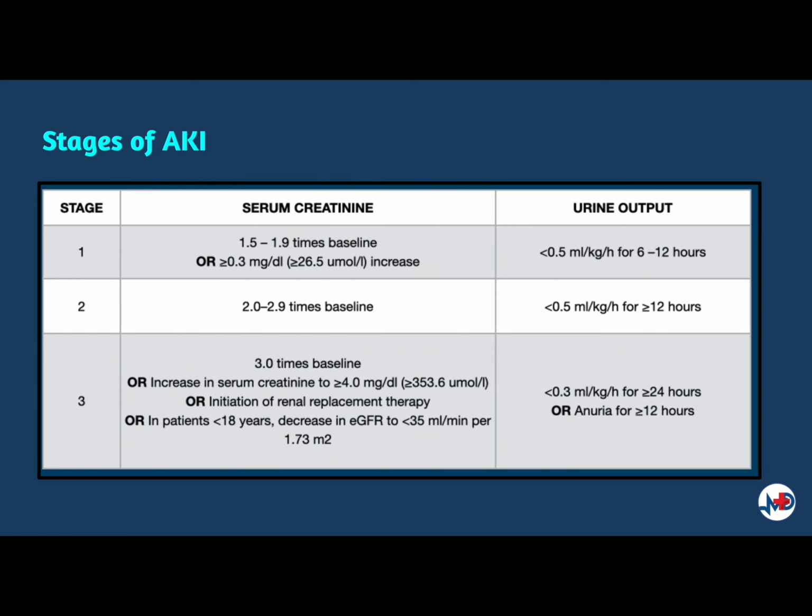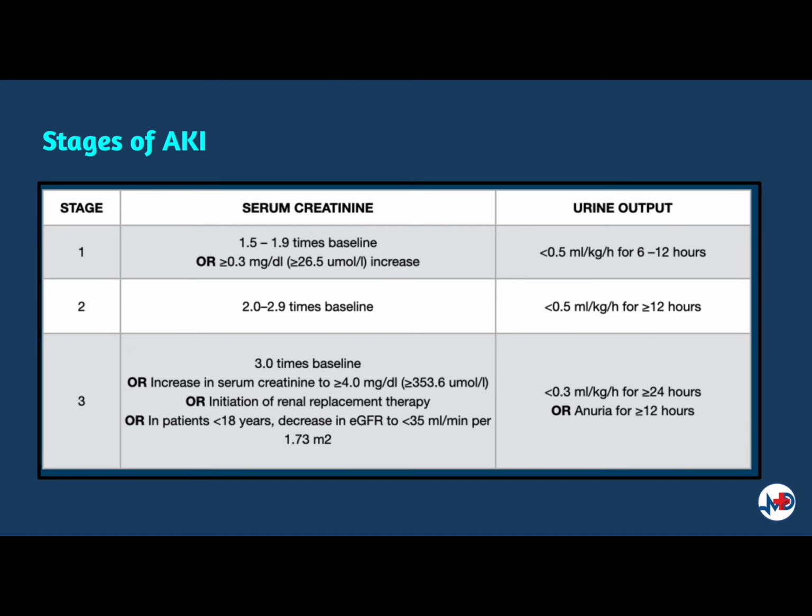AKI is staged for severity according to the following criteria. Stage 1 reflects a serum creatinine of 1.5 to close to 2 times the baseline, with, of course, a decline in urine output for 6 to 12 hours. Stage 2 is 2 to 2.9 times baseline, with decreased urine output for more than 12 hours.